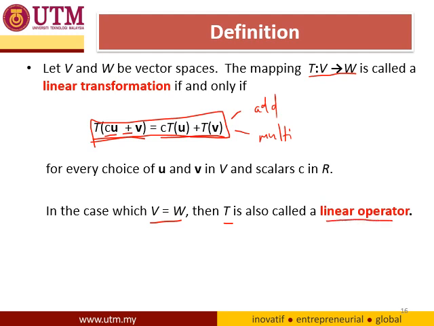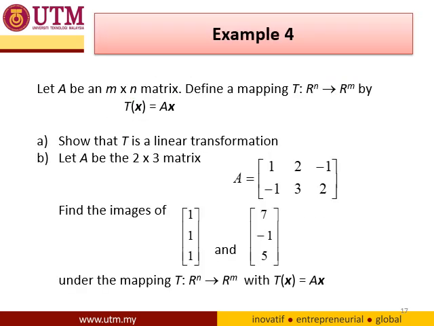Alright, we can see the next slide, the example. We look at example number 4. Let A be an n by n matrix, and we define a mapping T from Rn to Rm by T(x) equals the matrix A times x.